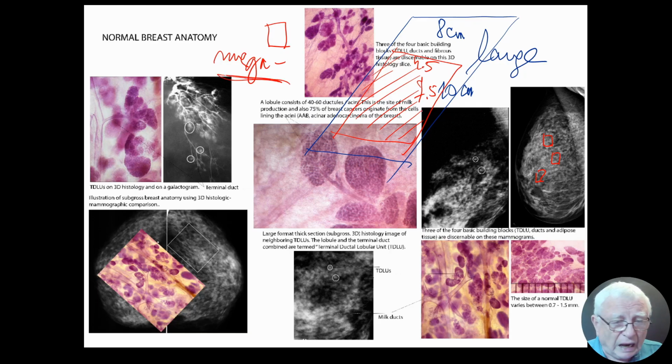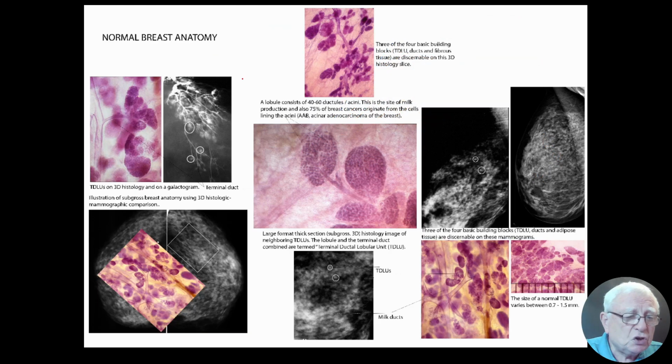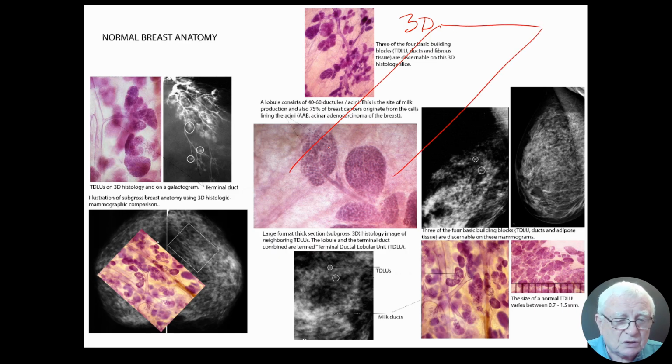Very easy and relatively cheap to change your available small section histology technique to the mega cassette. The 3D pathology is different, not in size. The size is the same, but it's thick.